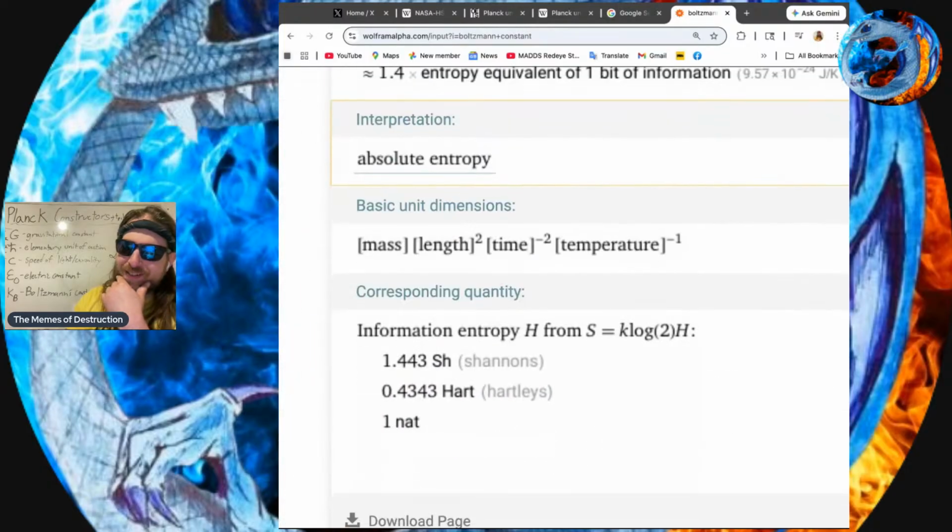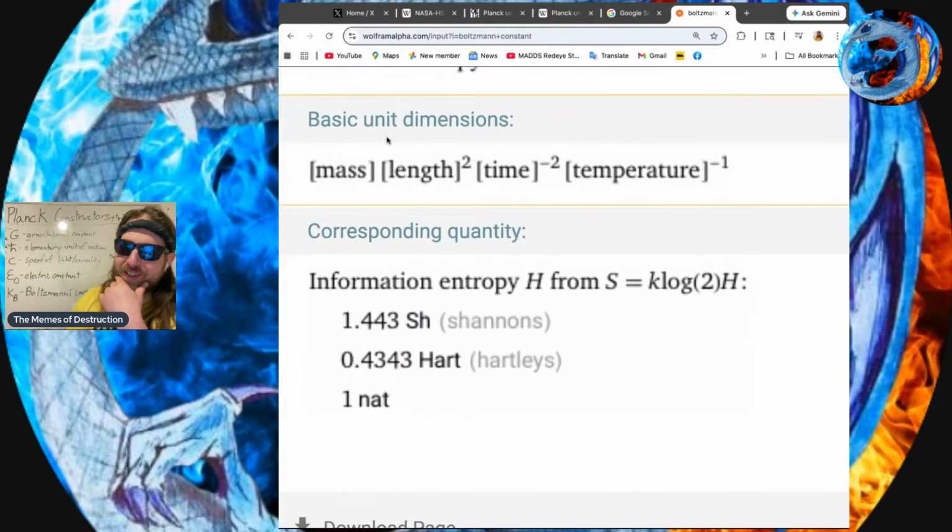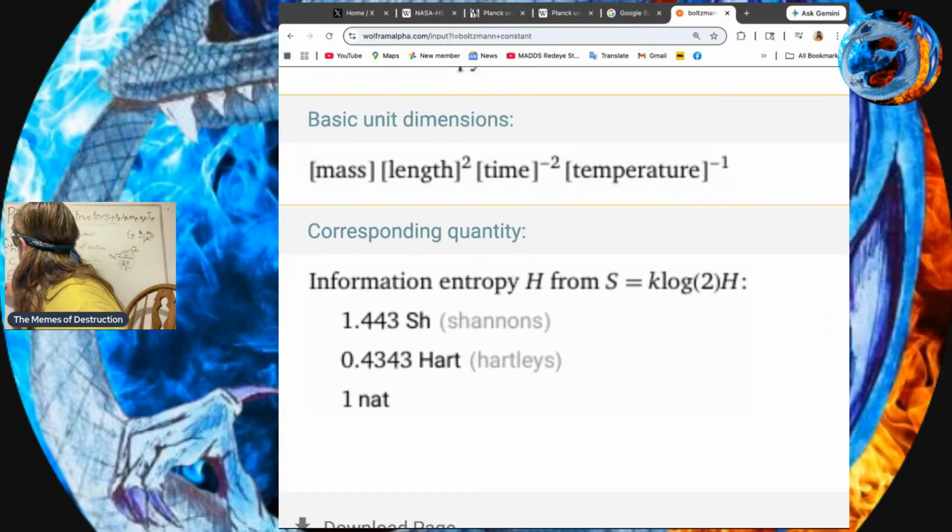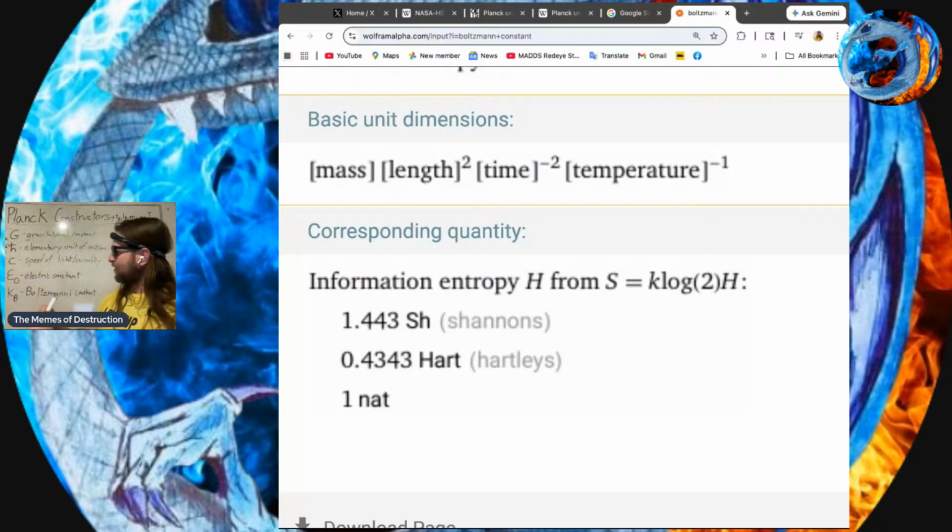So the Boltzmann constant. All right, our dimensions are mass, length squared, time, temperature. So we've got kilograms, area, so meters squared, over time squared, so acceleration, seconds squared, and then big T, temperature.